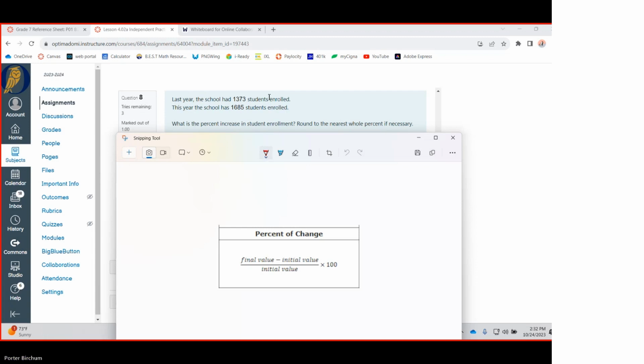It happened first in this story. So our initial value is 1,373. Let me build my equation. 1,373, initial value. Now my final value, my last number in the story, is 1,685, because that happens after my other number.